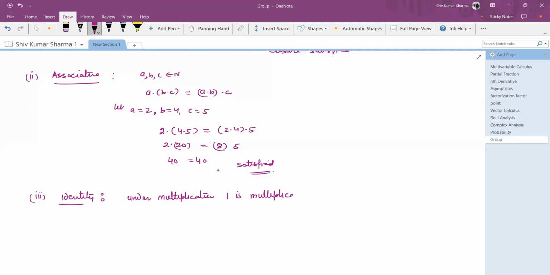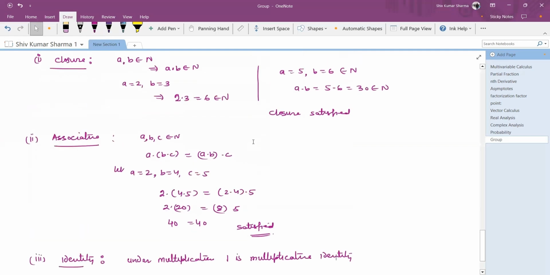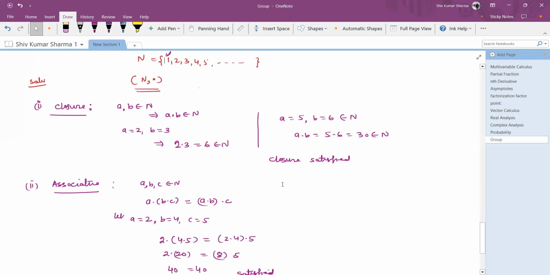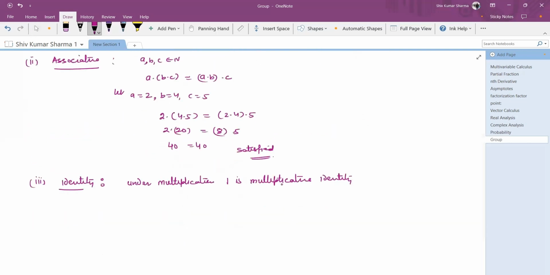First we see whether 1 is present in the set of natural numbers or not. We see that 1 is present in the set of natural numbers. So identity exists in the natural numbers. We write the multiplicative identity 1, and 1 belongs to N.